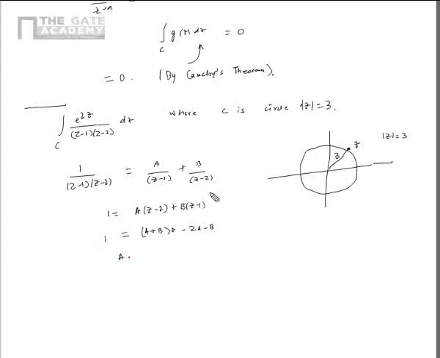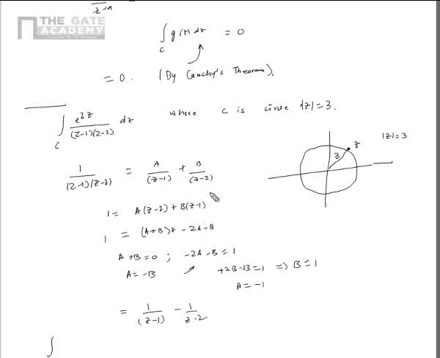There is no z term on the left-hand side, so a plus b has to be 0, and minus 2a minus b has to be 1. So a is minus b, and substituting here you get plus 2b minus b equal to 1, which implies b is equal to 1, and a is minus 1. So the entire thing can be written as 1 by (z minus 2) minus 1 by (z minus 1).